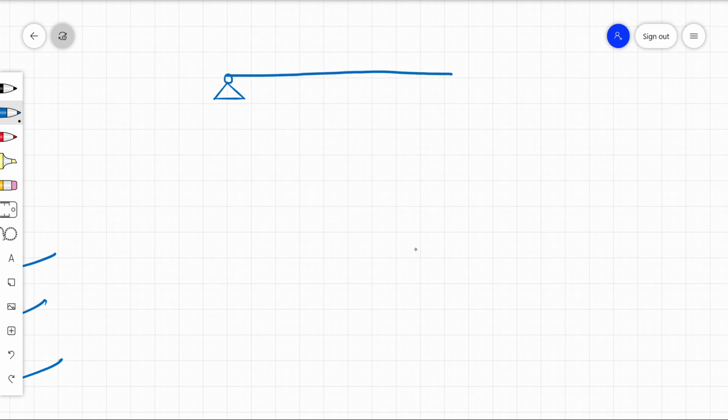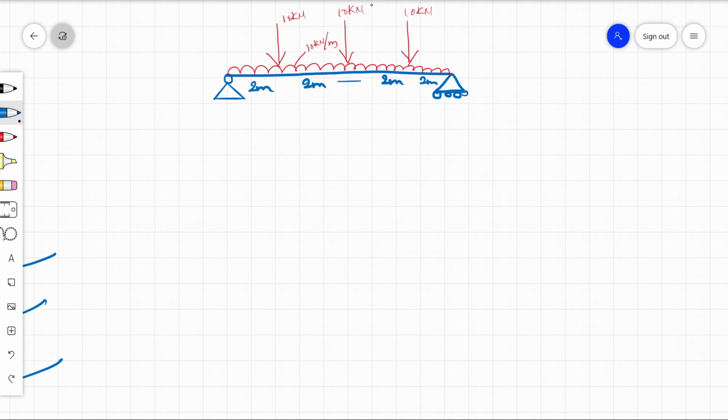Hinge, roller, filled with UDL, point loads 10 kilonewton, 10 kilonewton, 10 kilonewton, and the UDL is also 10 kilonewton per meter, and the distances are 2 meter, 2 meter, 2 meter, 2 meter. Try to solve this.